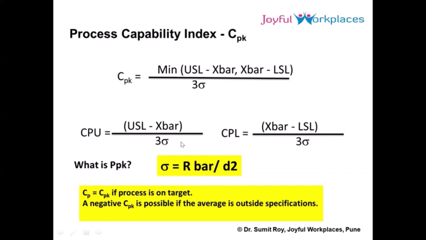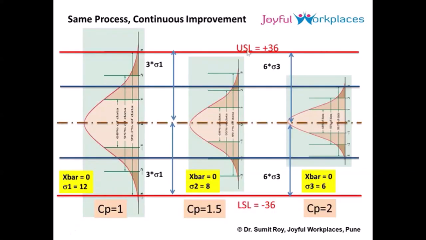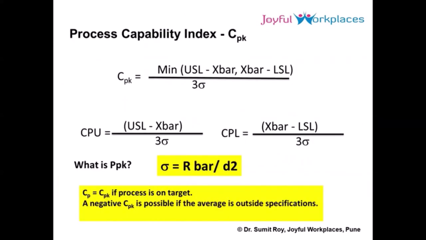What is CPU? Here we are using X bar, that is the average. If you remember, this is the average, which you consider as 0. That is all the dimensions that you have collected. If you take a simple average, that is the average we are talking about. So USL minus the average divided by 3 sigma, whatever value you get, is CPU.